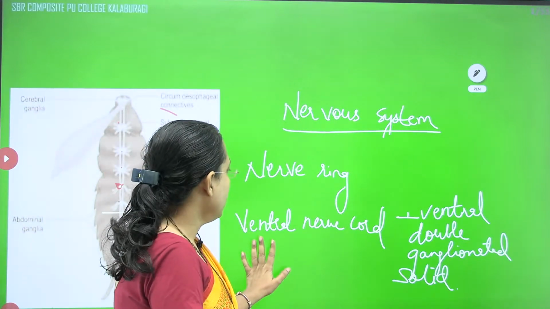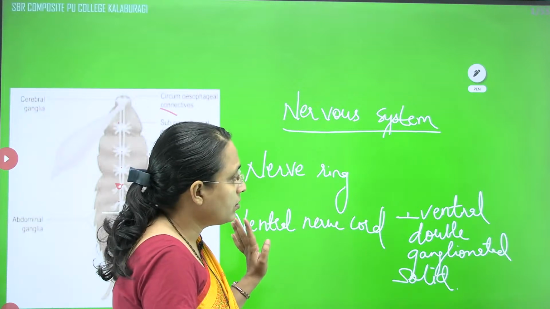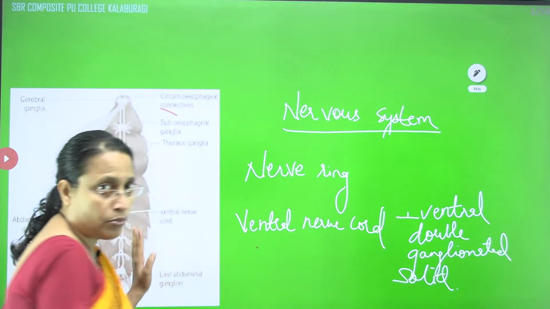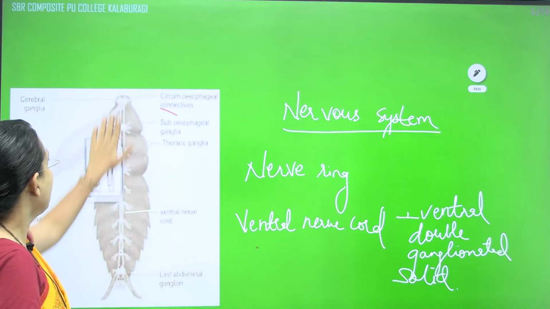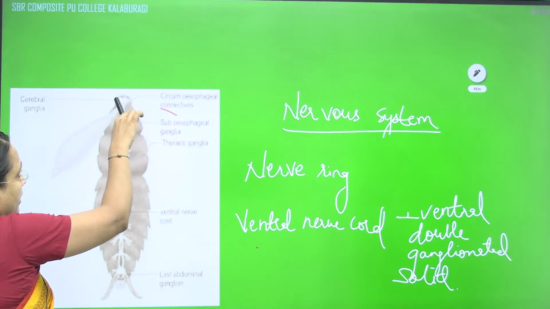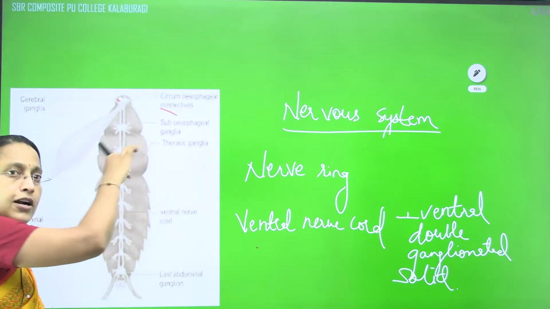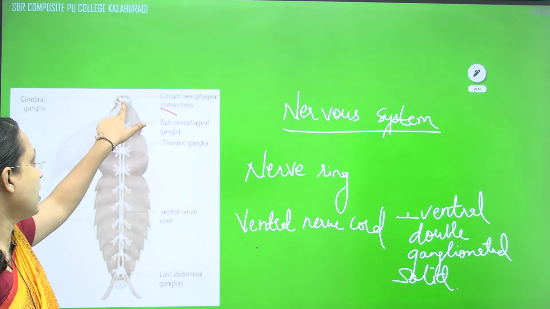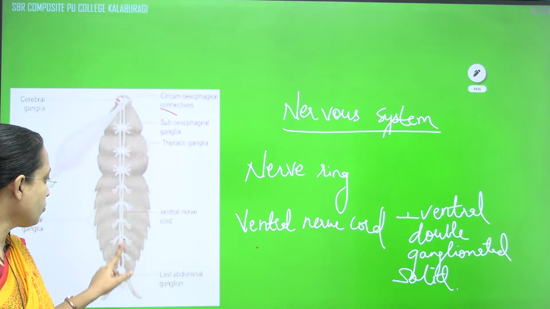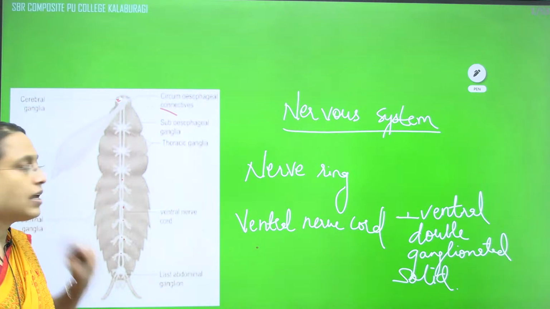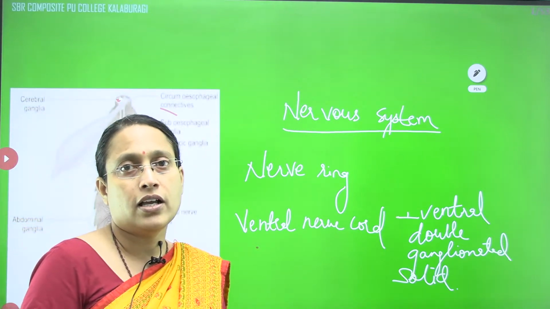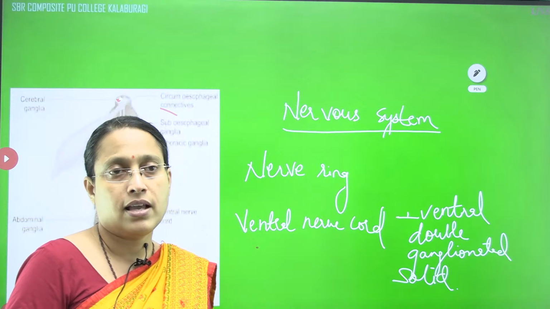So these are the main components of the nervous system. Now, you know that the brain is in the supraesophageal ganglion here, but the entire control of the body does not lie in the brain. It means the control is also distributed to these ganglions. So we say it is decentralization of the control processes.